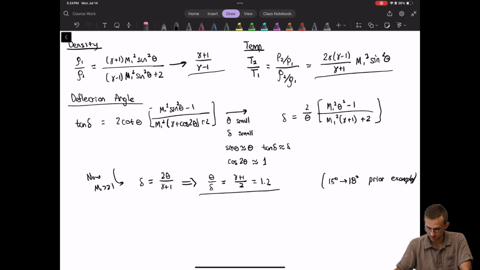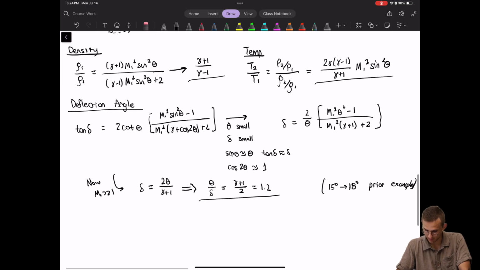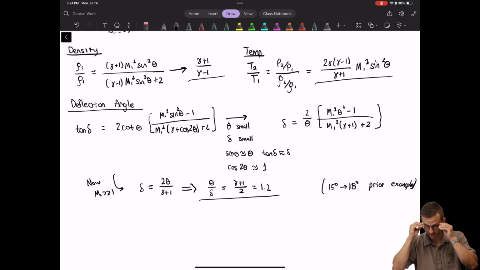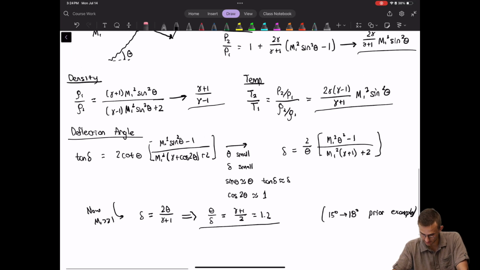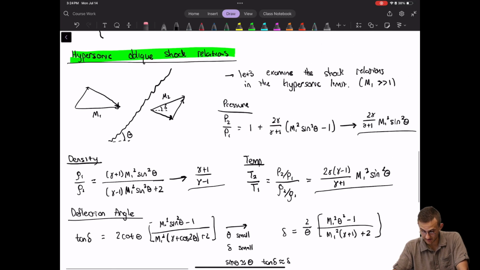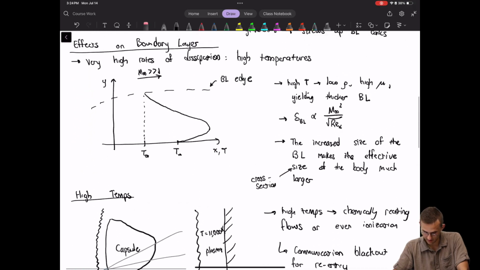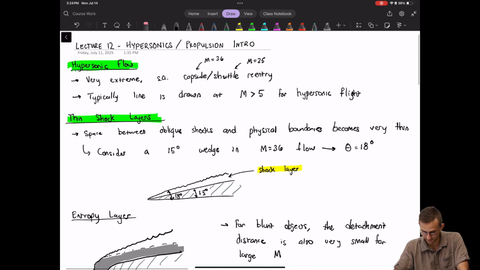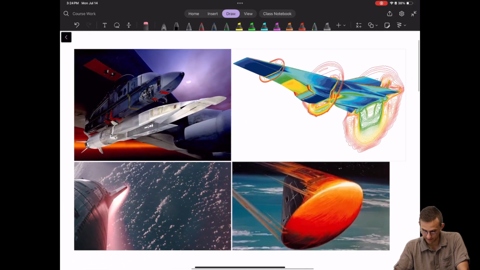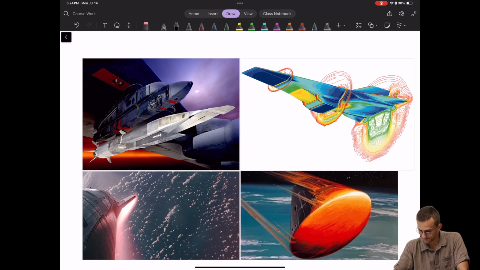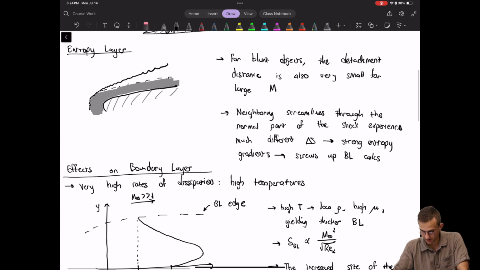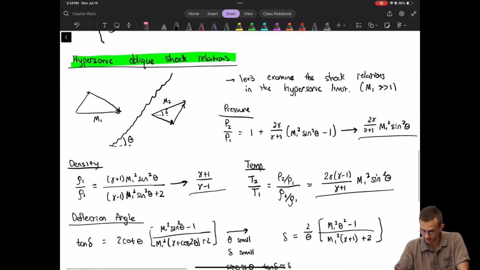Okay, and so there's obviously more intricacy involved with hypersonics, but hopefully this analysis where we're taking the limits here makes sense. And if you're inspired by these types of applications, and you think this is interesting, well, you know where to look, and now you have a little bit of a start.